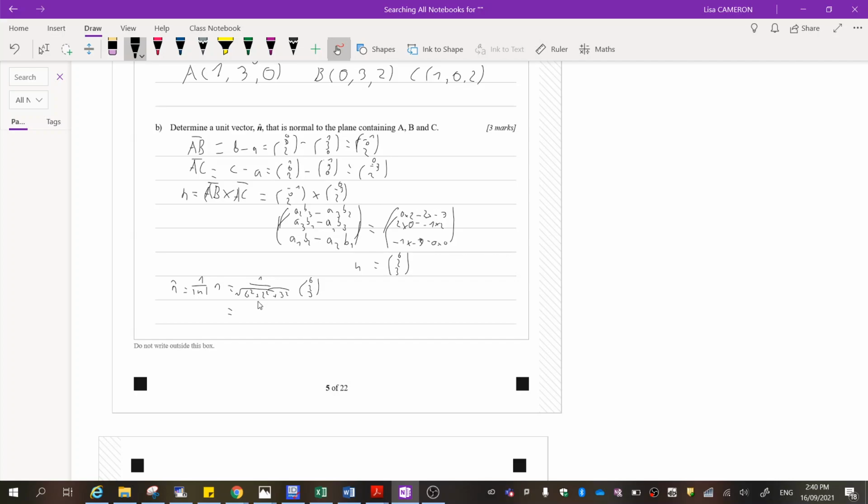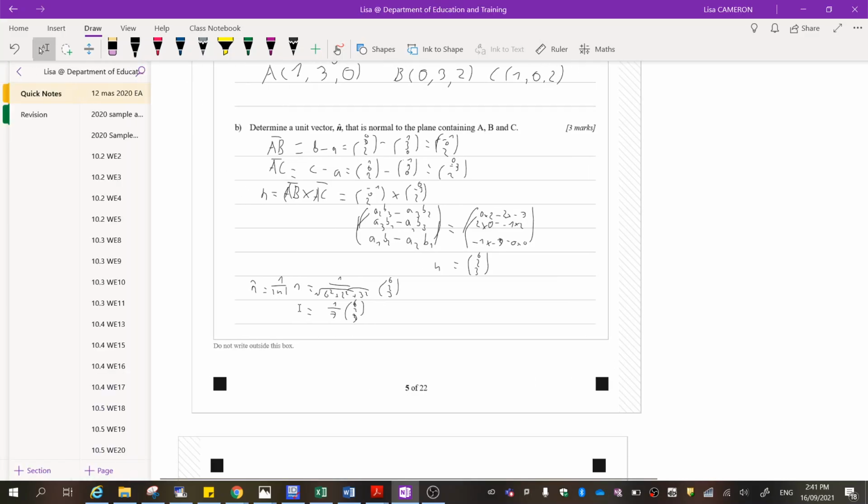So after doing all of that, should be left with 1 over 7, and we leave the 6, 2, 3 as is. So that would be our value.